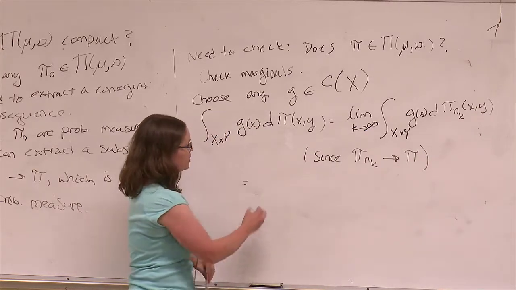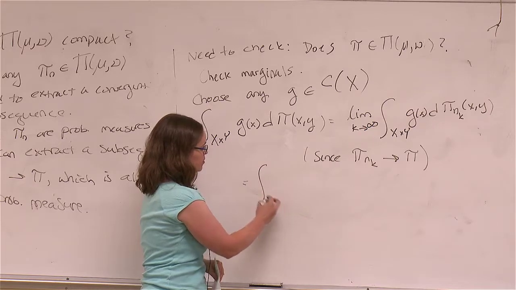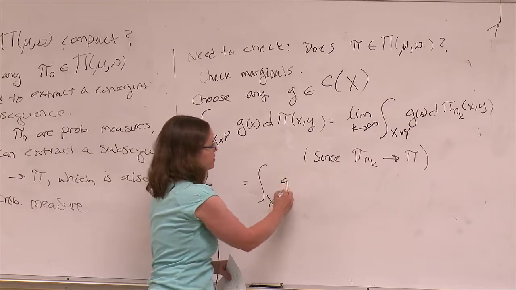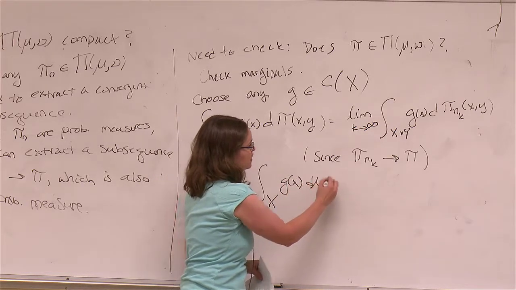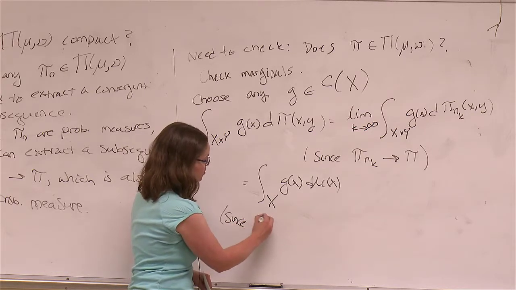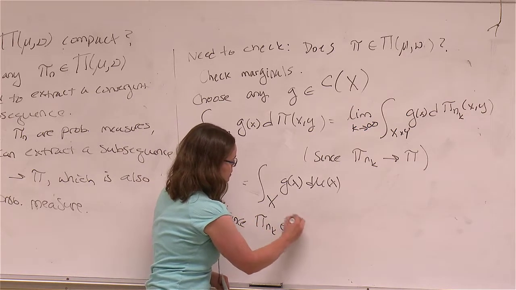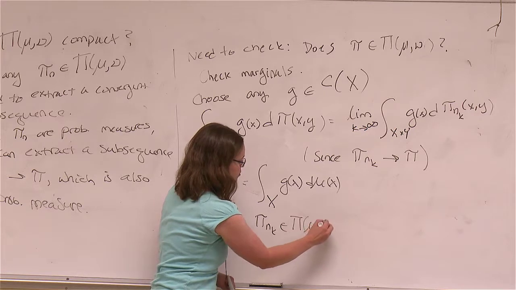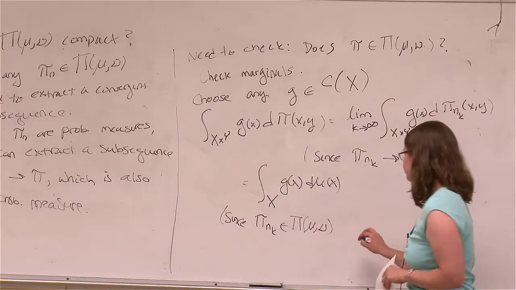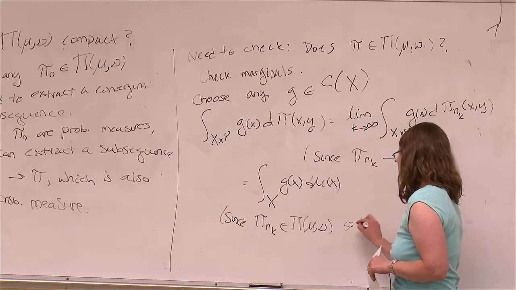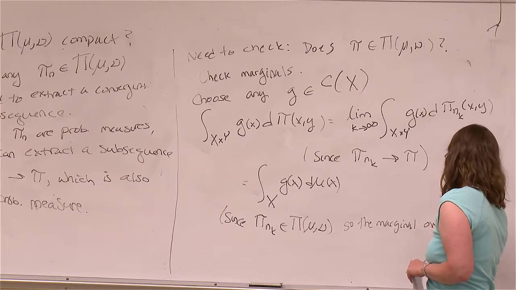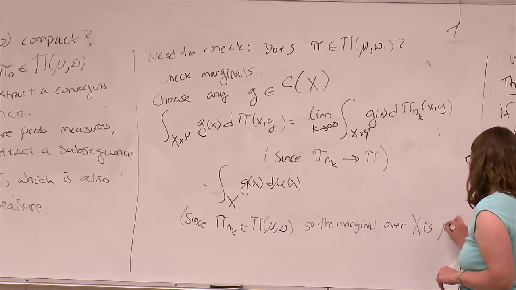So I can make that simplification and say this is equal to the integral over x of g of x d mu of x. This is because we started with something that lives in here, so it has the correct marginal. So the marginal over x is mu.